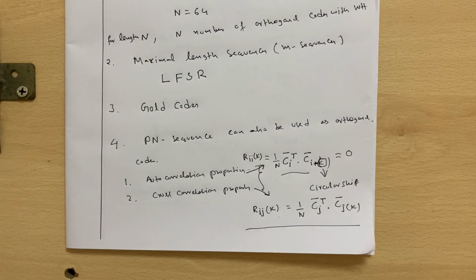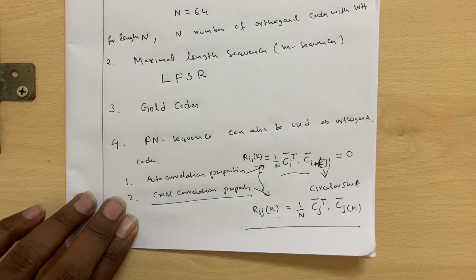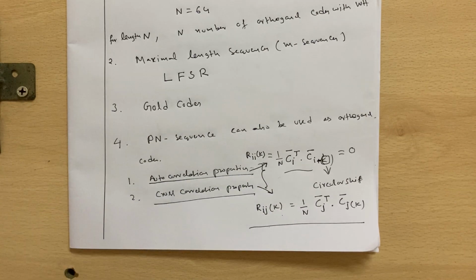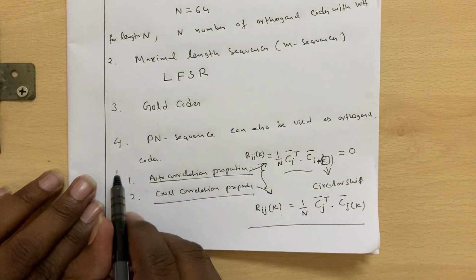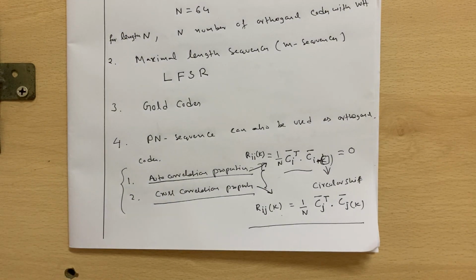An orthogonal code word should be orthogonal to its own shifted sequence, or it should be orthogonal to other code words. If it is orthogonal to other code words, it satisfies the cross correlation property. If it is orthogonal to the self code with the shifted sequence, it satisfies the autocorrelation property. So the selection of orthogonal codes must satisfy these two properties to have CDMA communication.